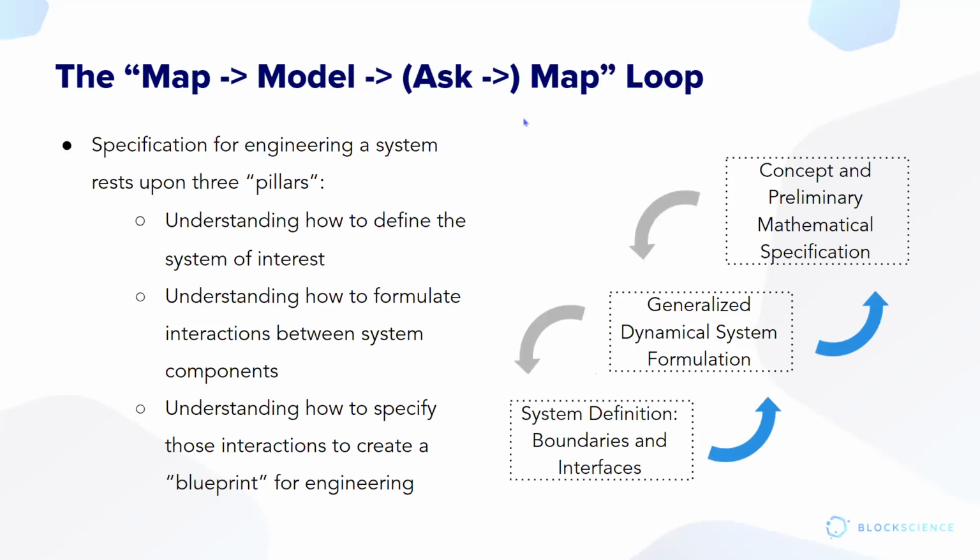And yeah, another way to see this would be that we have this idea about this generalized dynamic system. We earlier started with system boundaries and its interfaces, and today we'll be talking more about what is in that system itself through a specification. But I'm going to say it again in a couple more slides, this is still iterative.